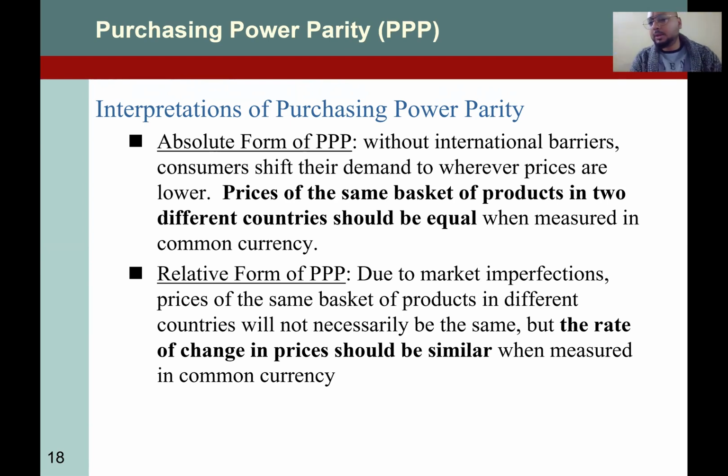It's like beef, mutton, chicken, right? So they create a basket to measure the inflation. I hope you learned this in macroeconomics, how you calculate the inflation. So that basket must be equal to the other country's basket.